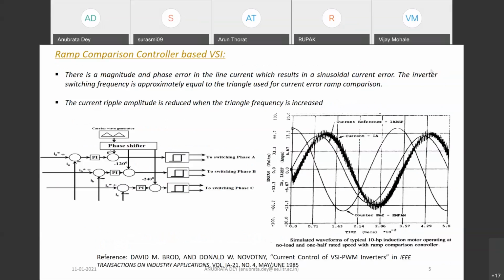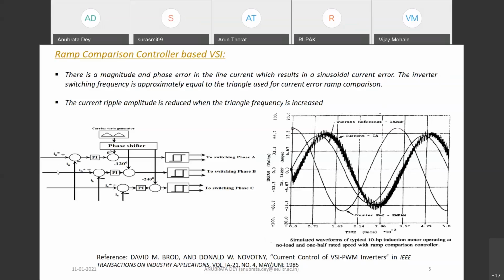Okay. So yeah, ramp comparison based current controller, where you need to use a carrier waveform. Here on the left hand side you can see you have a current reference.